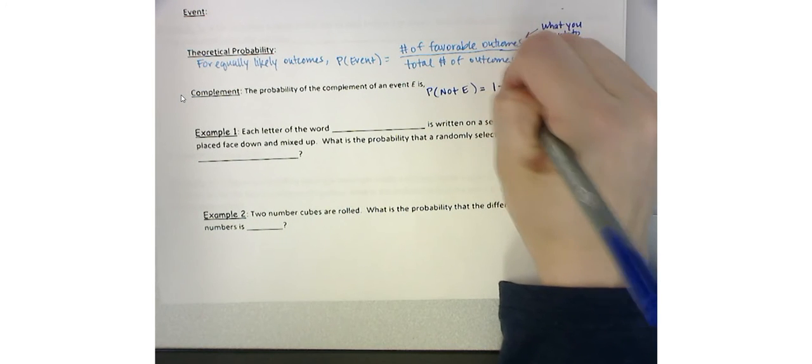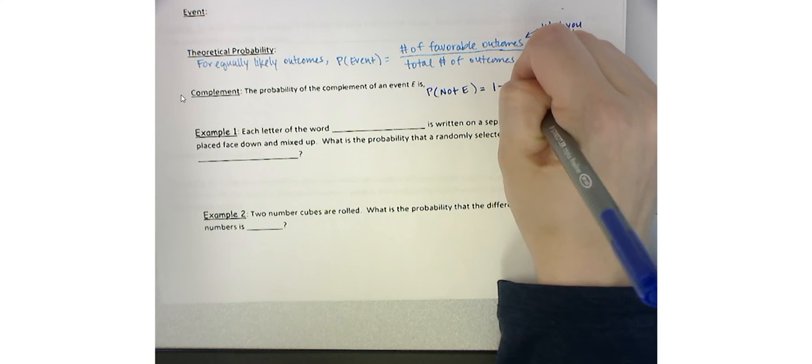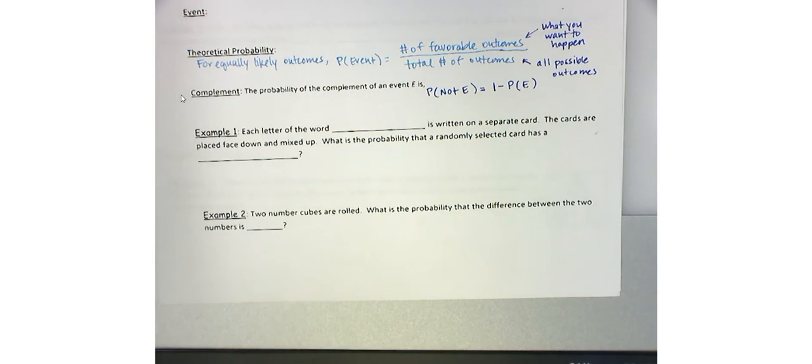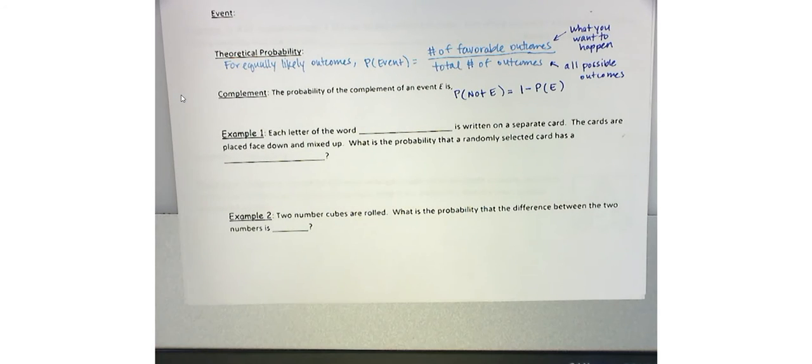For example, if there's a 20% chance that we have a snow day on Monday, what's the percent chance that we do not have a snow day? 80, because 1 minus 20% gives you 80%. That's what the complement is.